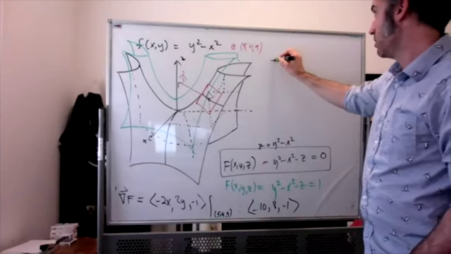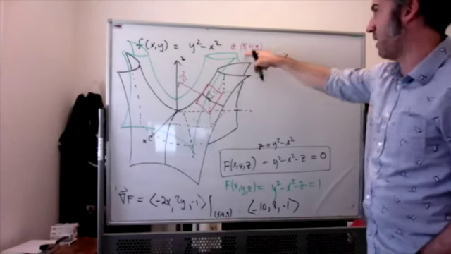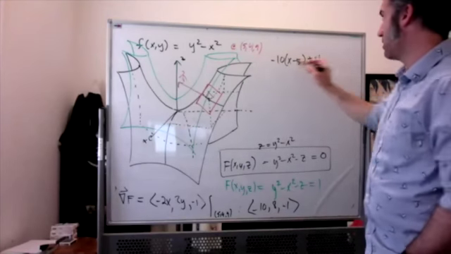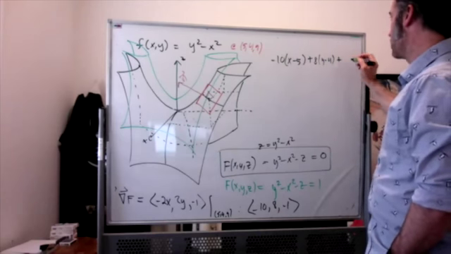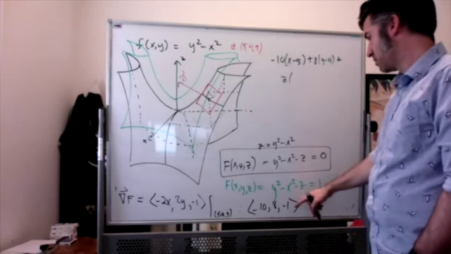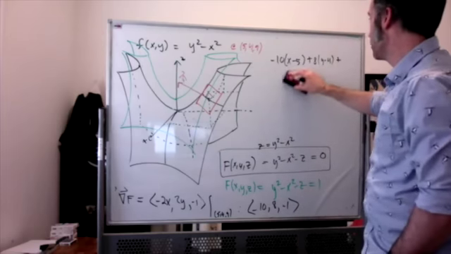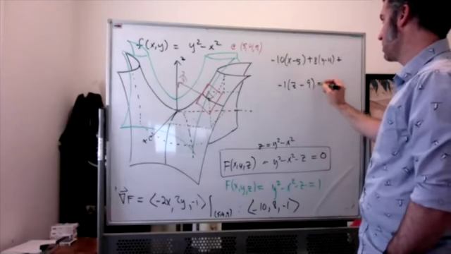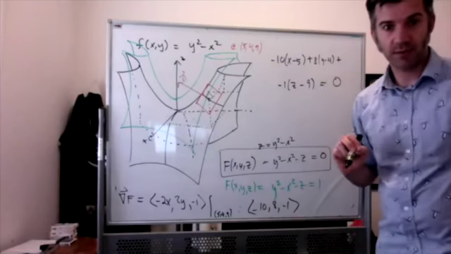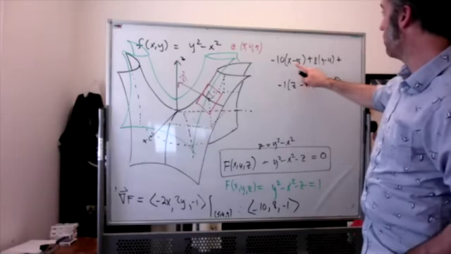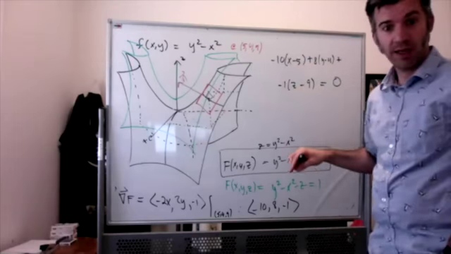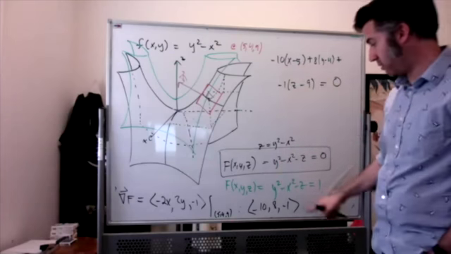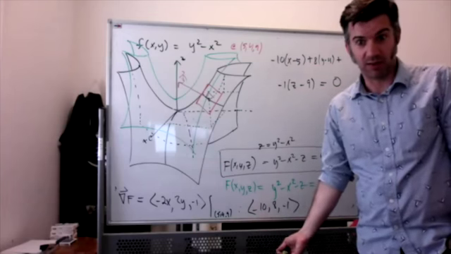It's going to be -10 times x minus 5 plus 8 times y minus 4 plus -1 times z minus 9 equal to 0. This plane goes through the point 5, 4, 9, and it has the normal vector -10, 8, -1, which is exactly how the plane is described.